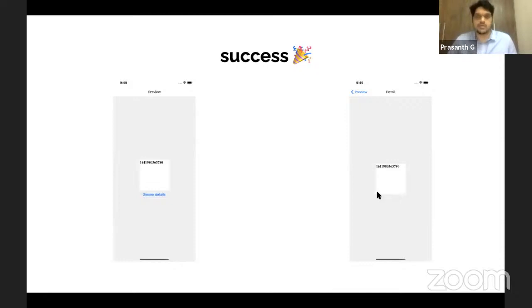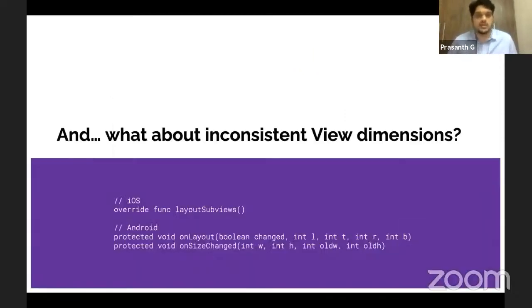The workaround for that is to override these iOS and Android methods, the layout of views and the onLayout and onSizeChanged methods, computing the dimensions of the parent after the restitution happens, and then laying out the subviews again, and that fixes it.